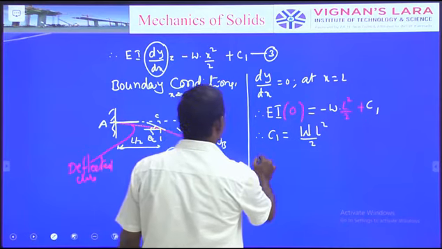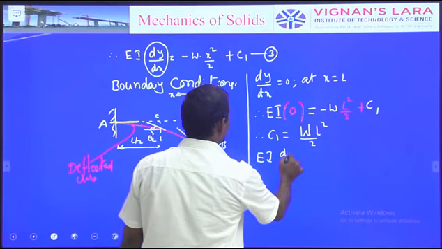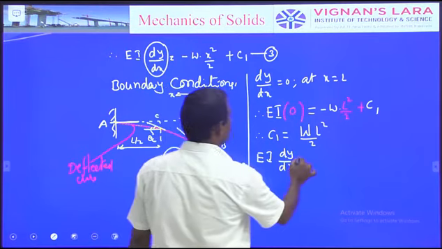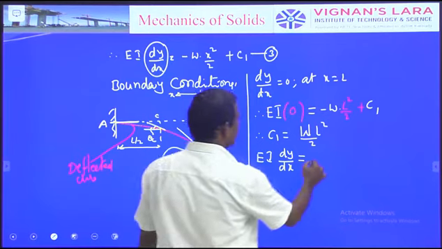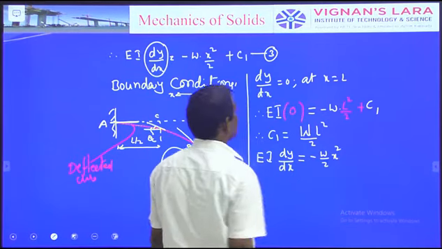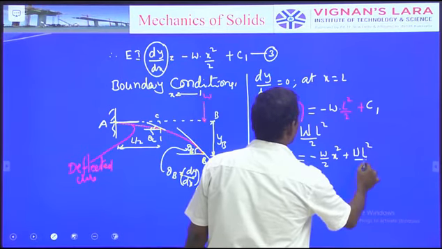Therefore, EI into dy by dx is equal to minus w by 2 into x square plus wl square by 2.